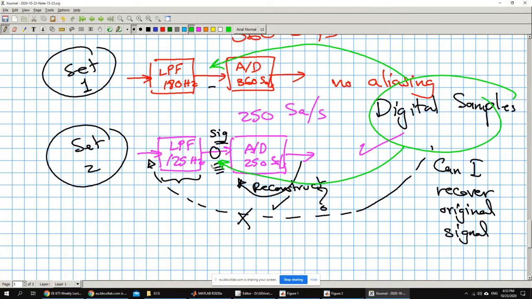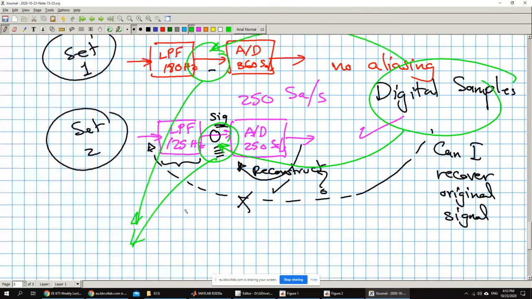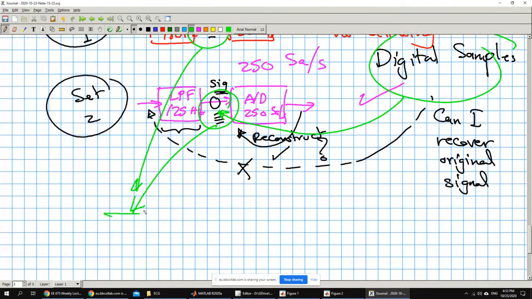And then basically take this and that and pass them together through a new sampling system at a certain frequency, the same FS for both. What I'm asking you, what should I select for FS? Should I select FS to be 250 or 360 or something else?